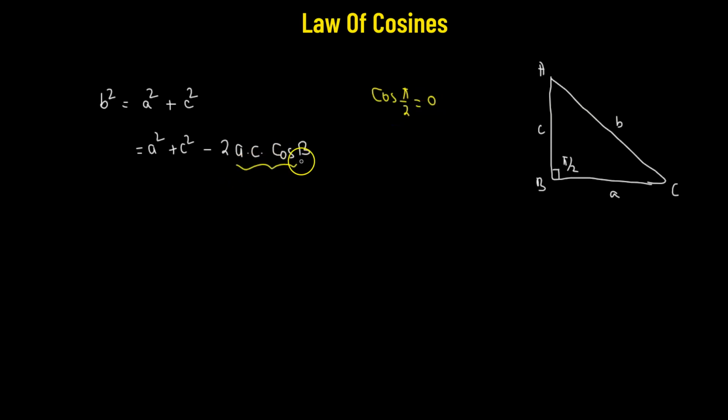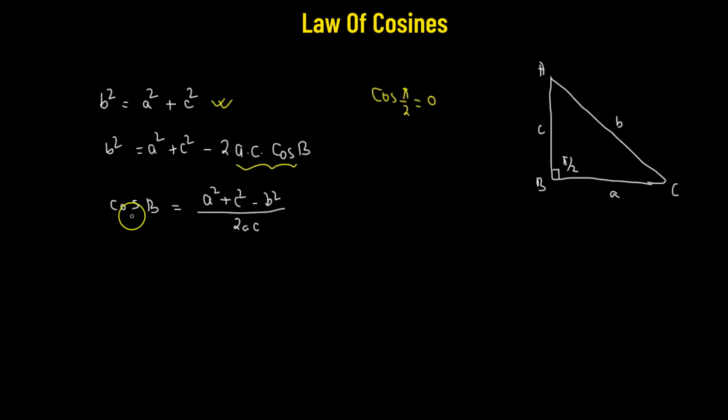So that means this extra term that we have subtracted from A squared plus C squared is not going to affect the original equation. But this is done because now we can rearrange it to find the value of cosine of B. So cosine of B will then be equal to A squared plus C squared minus B squared divided by 2 times AC. Fine. So we can also get the similar result for a right angle triangle.